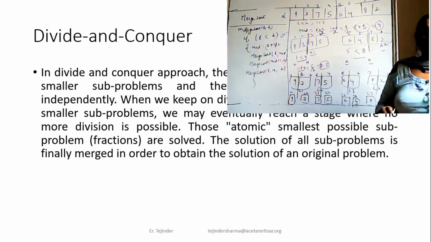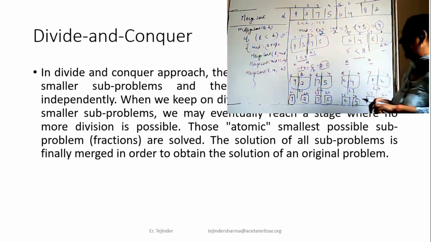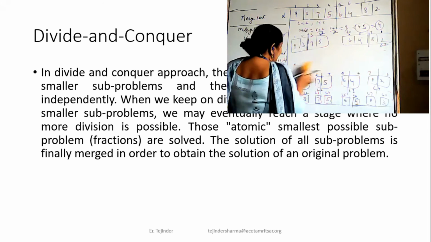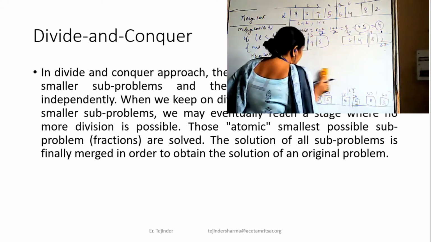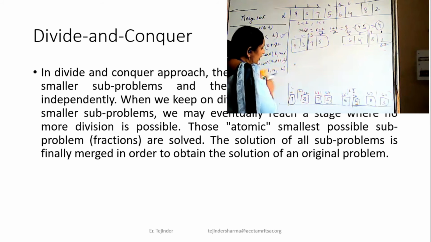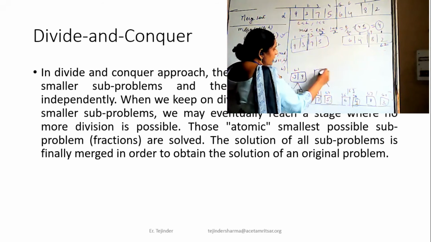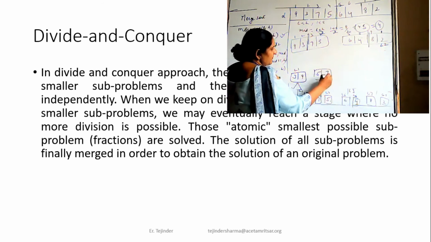Now what we have to do is sort and combine. How will we be sorting it? Now I will move upwards. Now the array will be towards the upside. So combine these two, sorted you will get 3 and 9. Combine the next two, you will get 5 and 7.